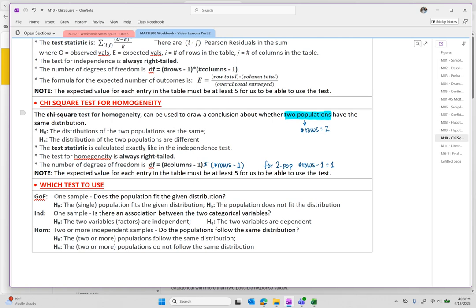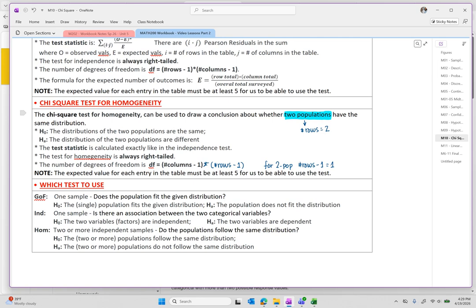For the test for independence, we will have one sample, and we will ask ourselves if there is an association between the two categorical variables. One will be a row, and the other will be the column descriptions. So the null hypothesis will be that the two variables or factors are independent.